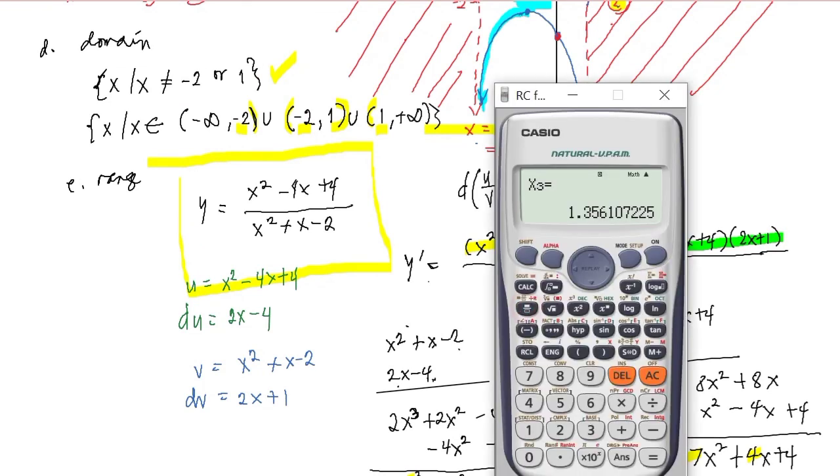So, we would have here x squared minus 4x plus 4 over x squared plus x minus 2. So, calc natin yung negative 1.1. And we have here, ayan, negative 5.08.